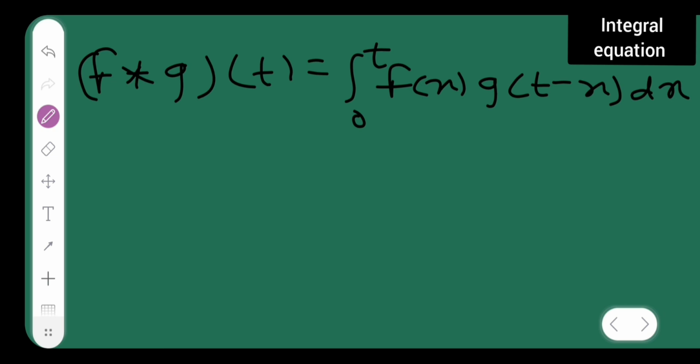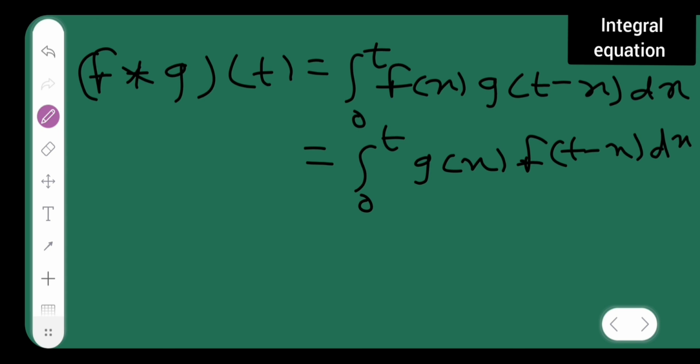Okay, now this is equal to integral from 0 to t of g of x into f of t minus x dx. So this is equal to nothing but g star f of t.